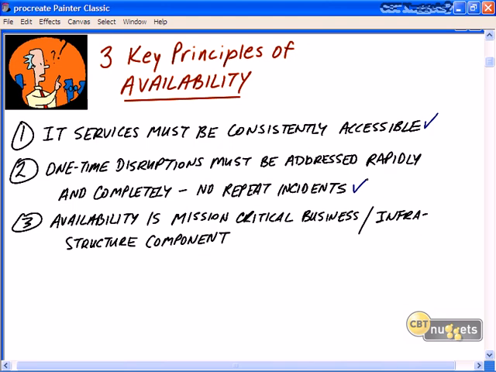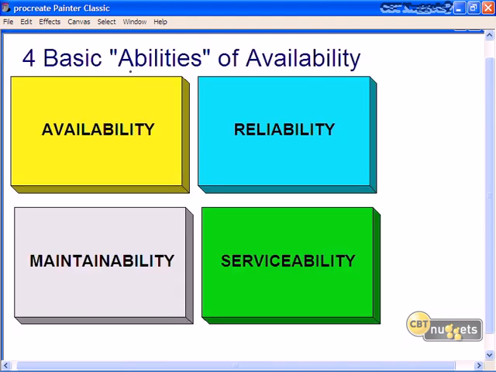business standpoint. As you can see, availability is all about ability and capability, and there are 4 basic abilities of availability. Obviously, you've got availability itself, you've got reliability, you've got maintainability, and you've got serviceability.